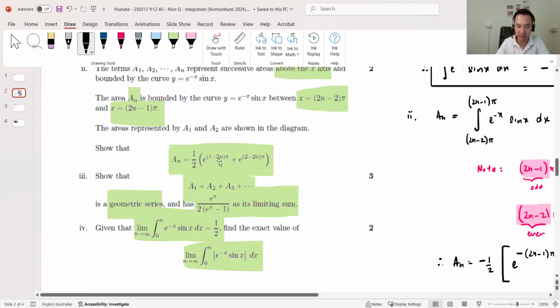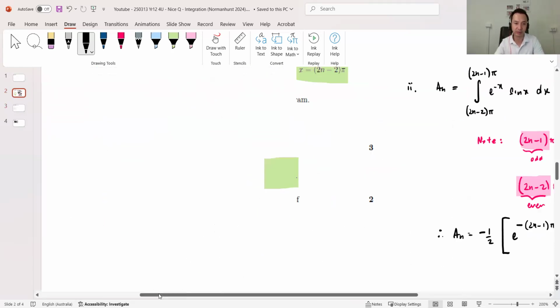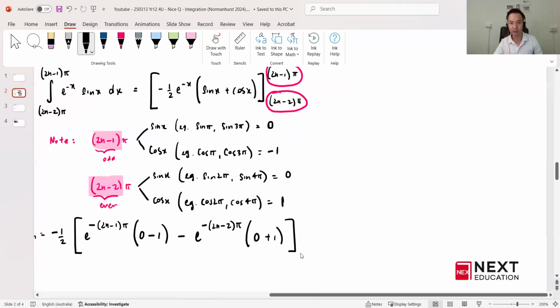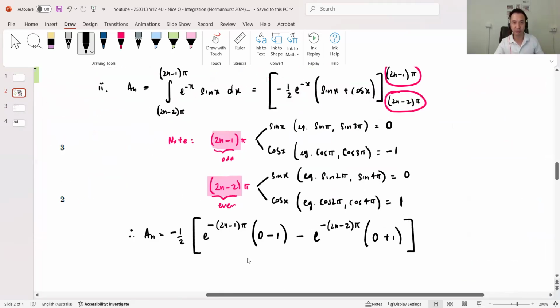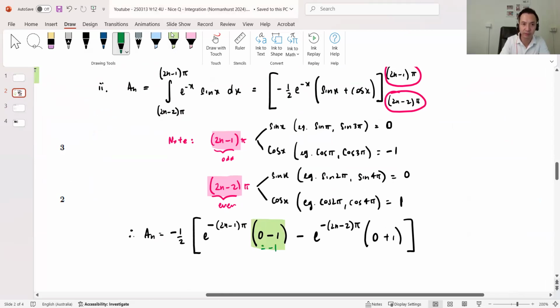Half, and they switch the two, okay, too easy. Wait, let me just make sure they switch both. Yep, they switch too easy. So all they've done is, see how this becomes negative 1. All the negatives become positive, so it becomes positive half, and then they swap the direction of the brackets.